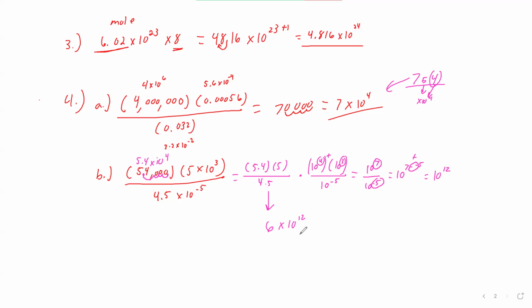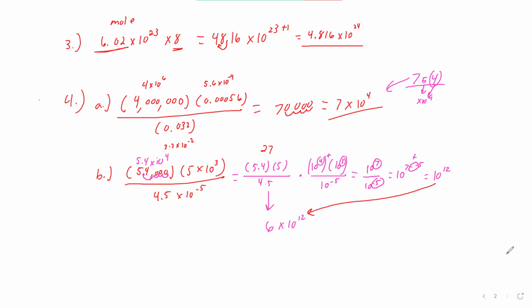I would probably just do it. 27. So then I got to take 27 divided by 4.5. Correct.